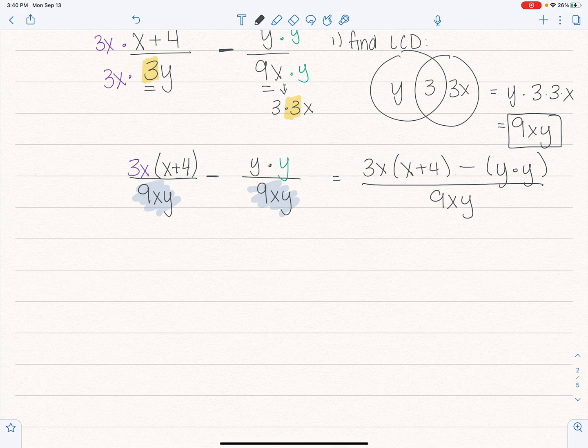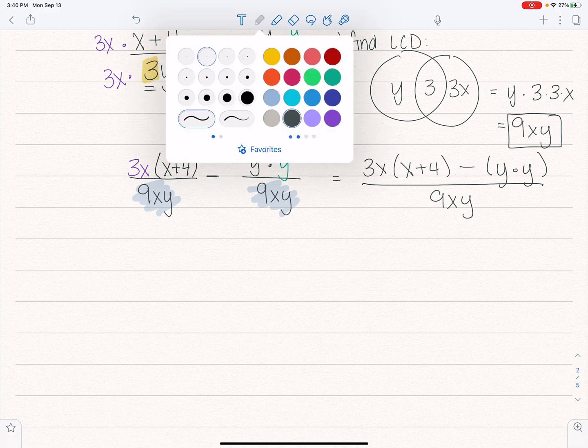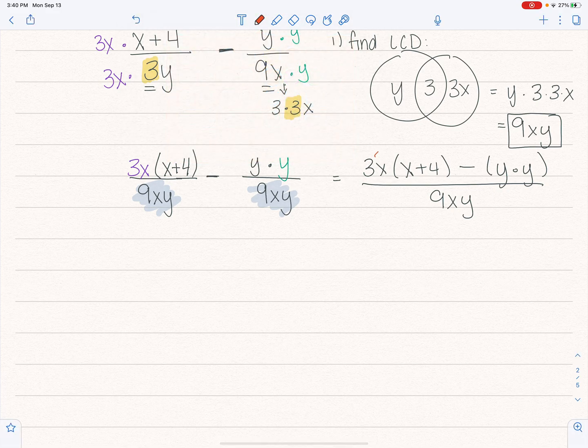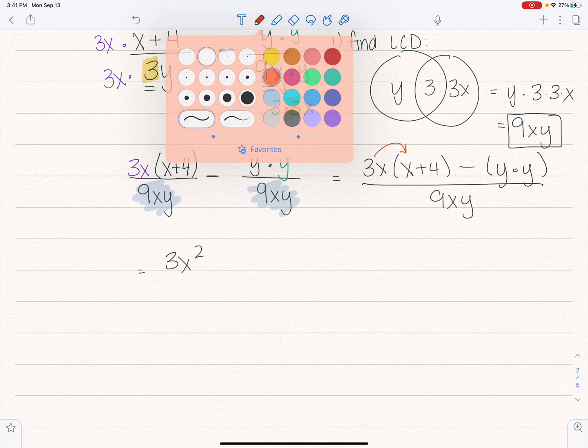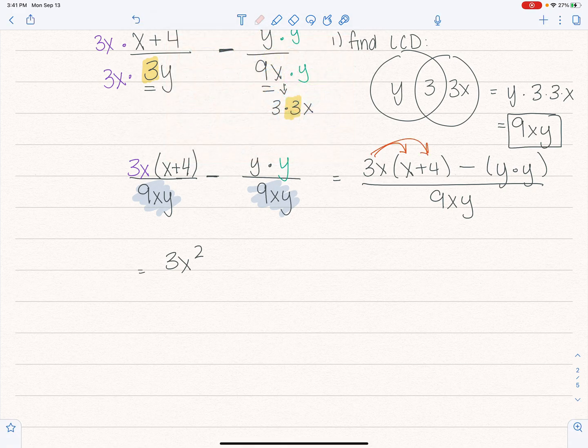All right, from there, it's going to be just a matter of distributing, combining like terms, FOIL, any of that kind of stuff. Well, in this first one, I can distribute. 3x times x is going to give me 3x squared. And then 3x times 4 is going to give me 12x.